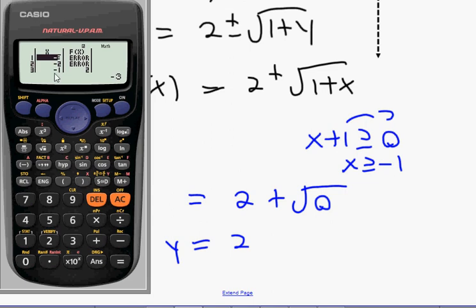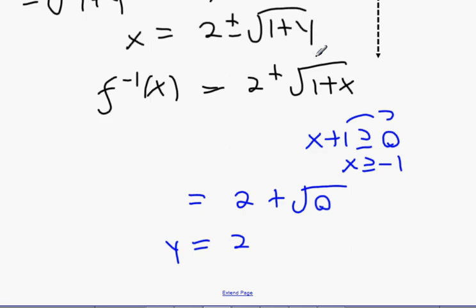Lads, when you start at -3, you get an error. Why do you get an error? Because the square root sign is negative. -1 is the first value in which it's 0. The value of the function is 2. And then you have 0, 3. And then your function is growing.